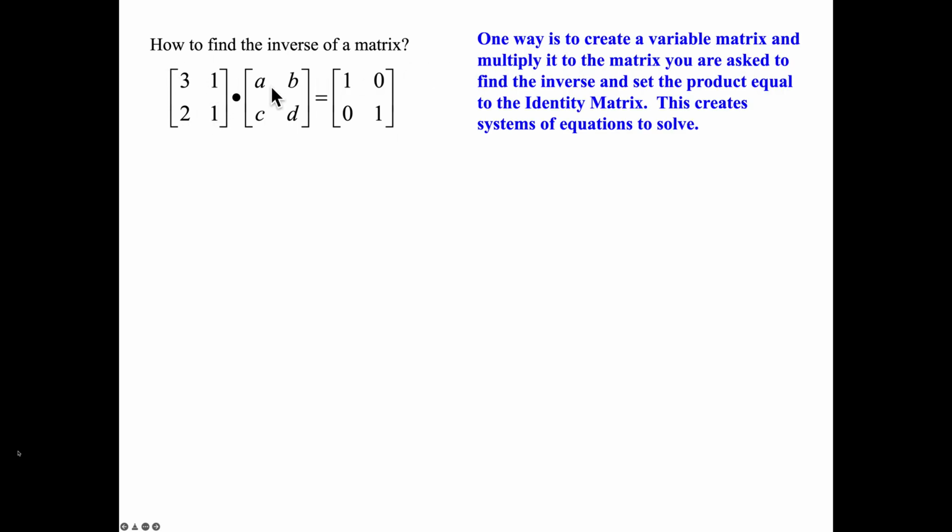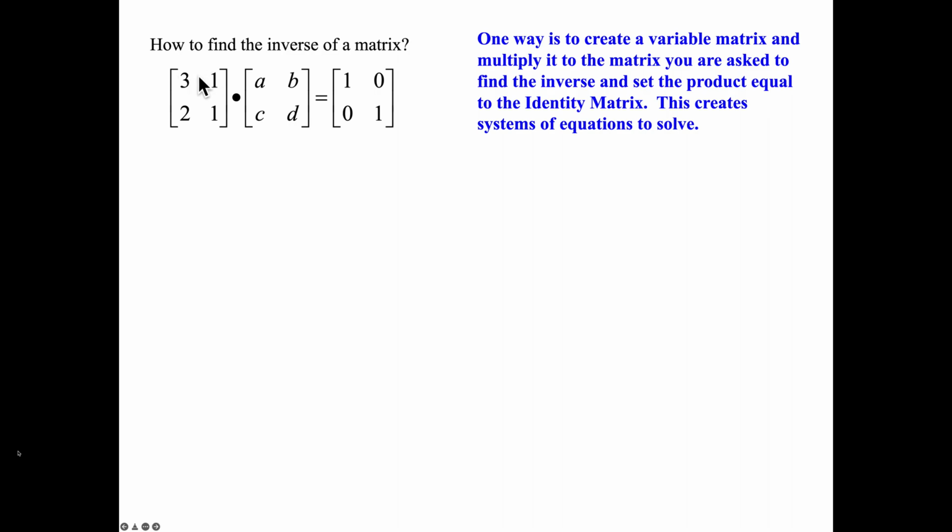So if they just give us a square matrix, call it 3, 1, 2, 1, we're going to multiply a variable matrix with 4 different variables, A, B, C, D, and set it equal to the identity entries over here. What's going to happen is you're going to create a system of equations to solve.